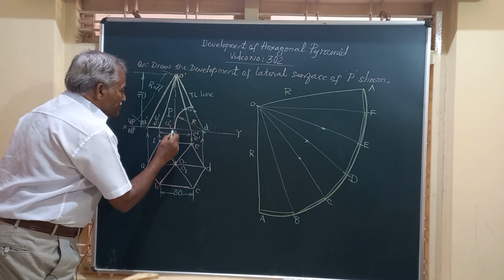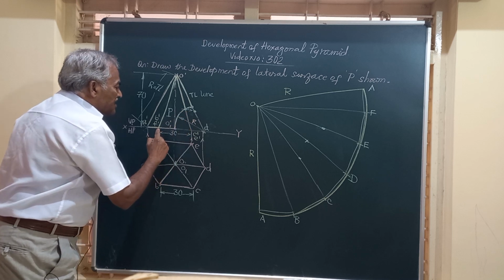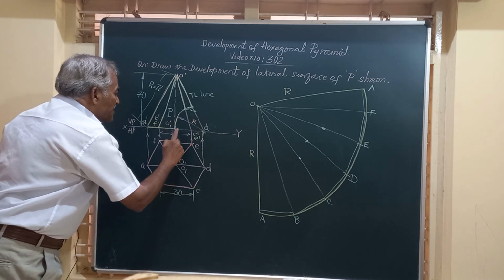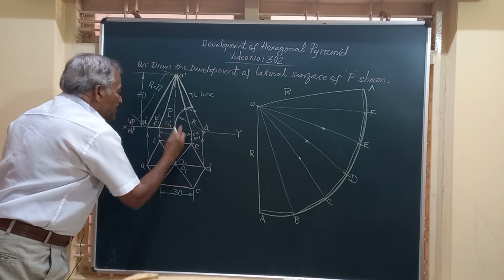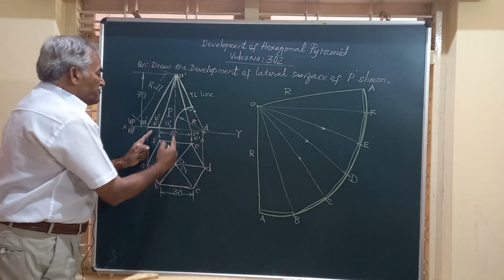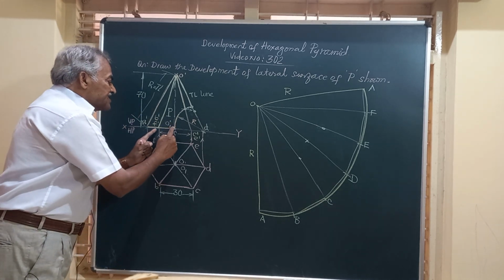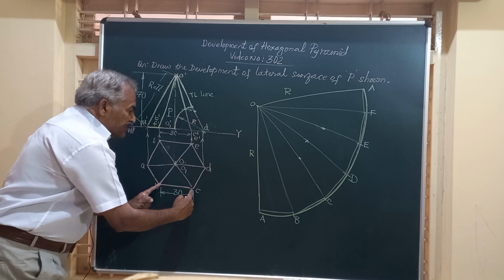Friends, the bottom, this end is cutting BC and FE. Both BC and FE of the base are here. And if you observe the figure, this point where the section plane is cutting the solid is exactly between FE and BC.